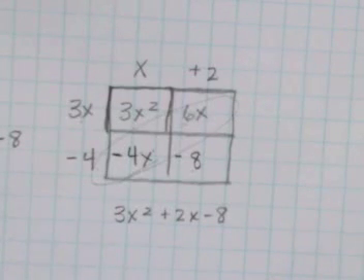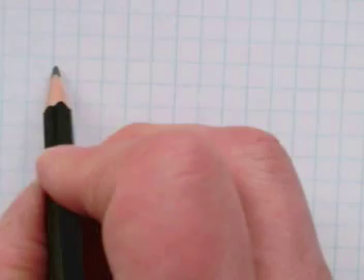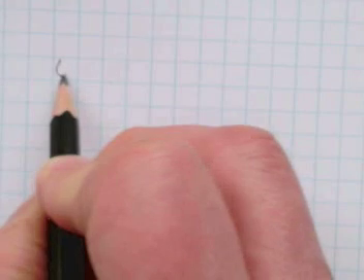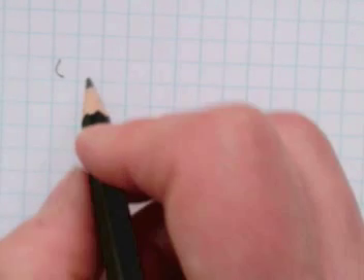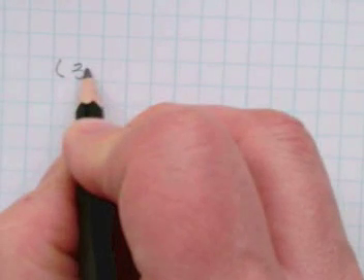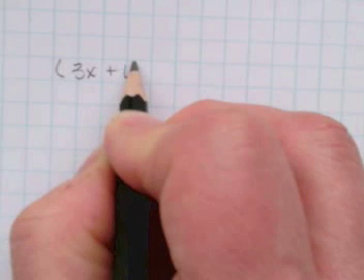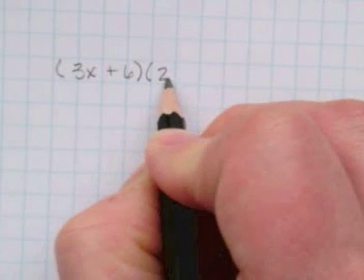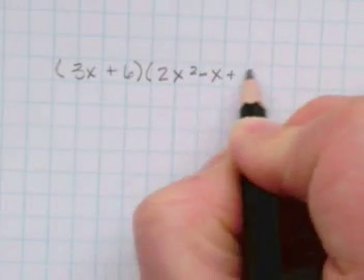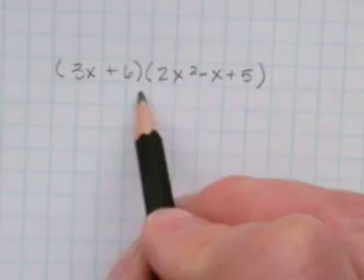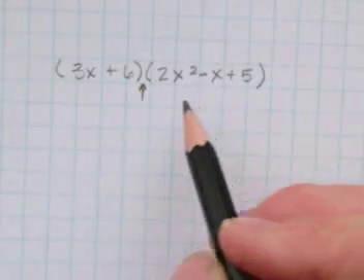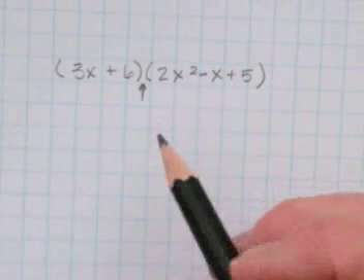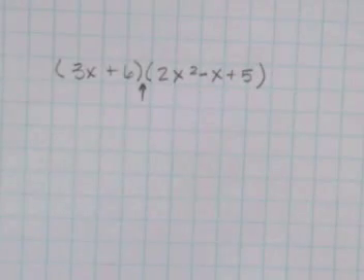The next problem I'm going to do is just a little more complicated, and the reason is because we're multiplying again, but we're multiplying something that is not a binomial times a binomial. I have this problem, and what I notice is, again, I'm multiplying because there's no addition or subtraction symbol in between the two sets of parentheses.